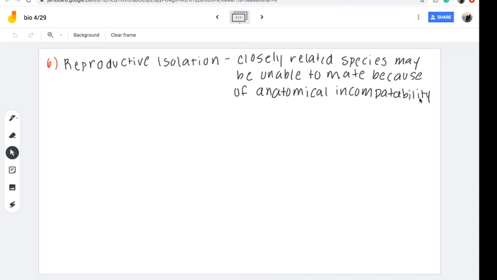So, for example, a small male dog and a large male dog cannot mate because of their enormous size differences.